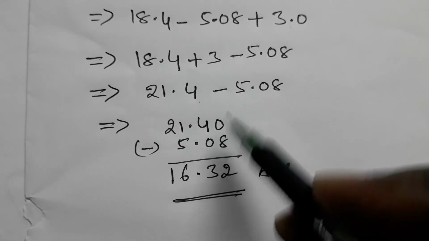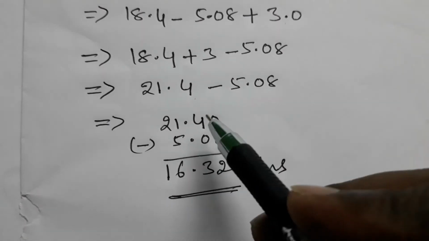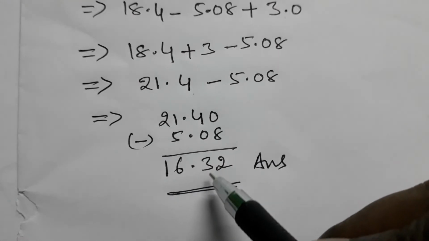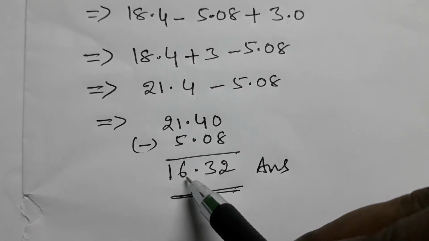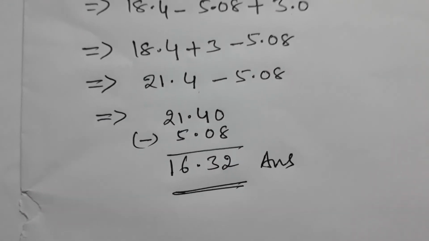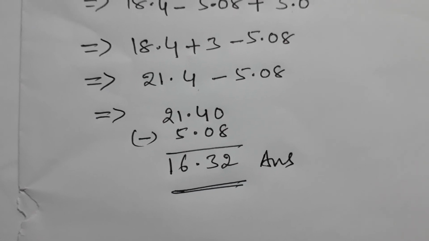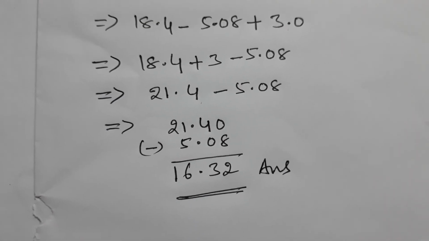Now subtract. You know subtractions, so borrow: 10 minus 8 is 2. Here no borrow, 3 minus 0 is 3. Here borrow 1, 11 minus 5 is 6. Here no borrow, 1 will remain 1. So 16.32. That's all for today. We will discuss the remaining tomorrow.